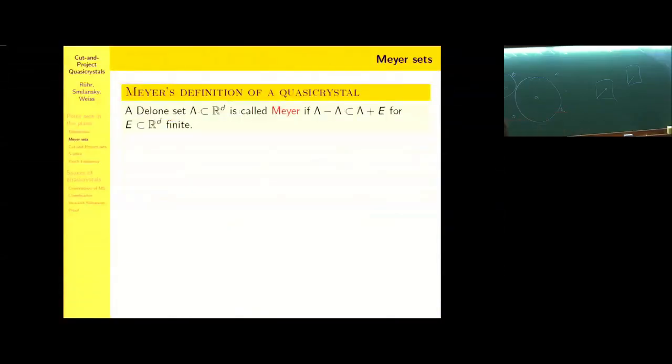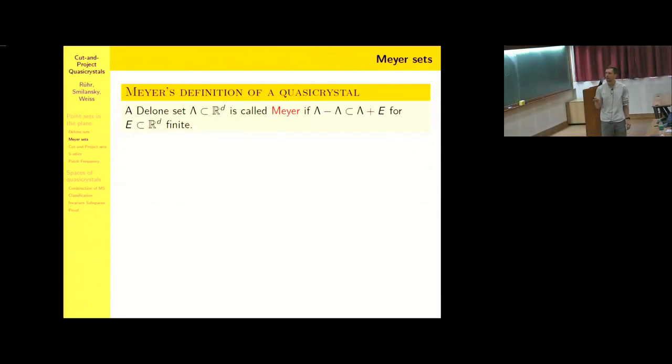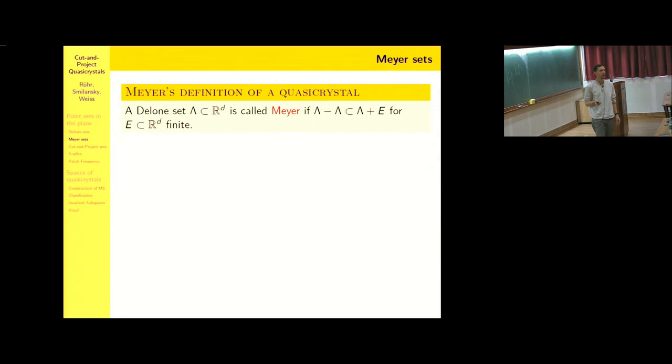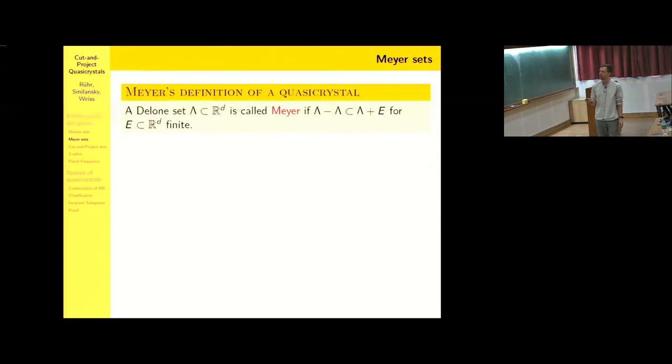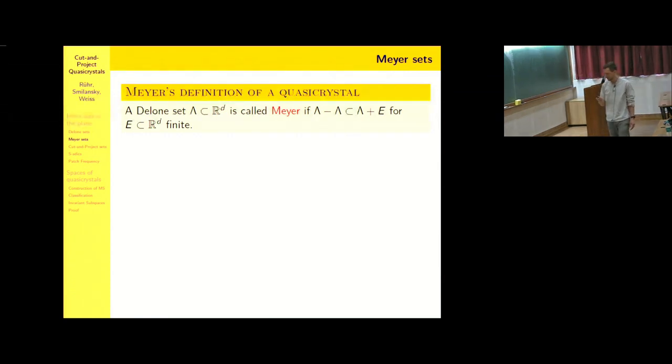Okay, so after having introduced to you what a Delone set is, I want to introduce a Meyer set. Meyer came up in Dani's talk in the beginning of this week, and this book which Dani mentioned is the book where he introduces the following property.